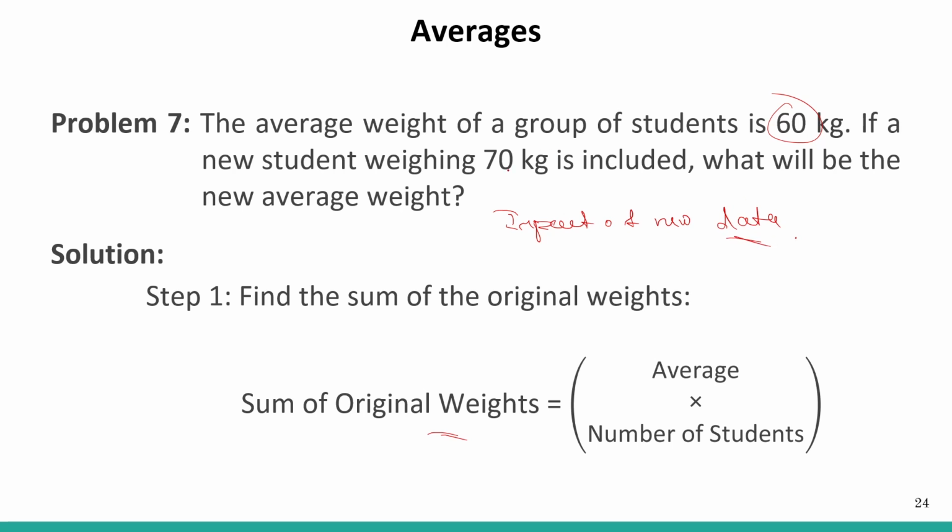Since the new data, only one data point included, impacts the original data set, and it has more weightage, 70 kg is more than 60 kg, the average of the group. That is why the average will shift and increase. So the average weight increases.